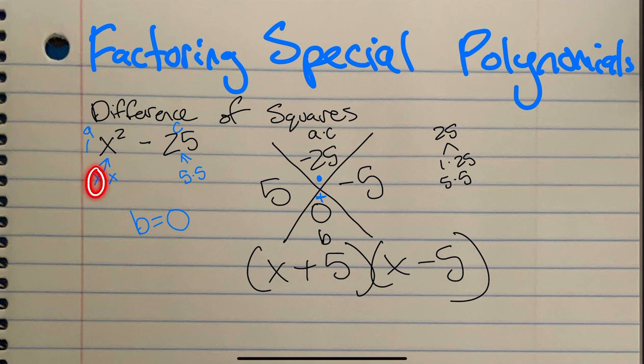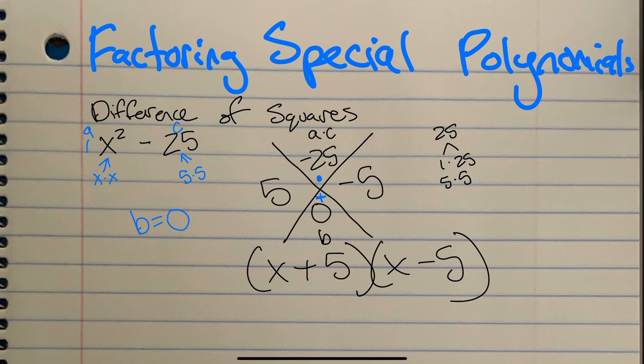So I put 1 x in this problem, and then 1 x here, and then the other one went right here. Cool. We had 2 5s. 1 5 went in this problem, 1 5 went in this one. So we're just taking our x and our 5s, and then putting a plus sign or a minus sign between them. And that's really all we need to do for these problems.